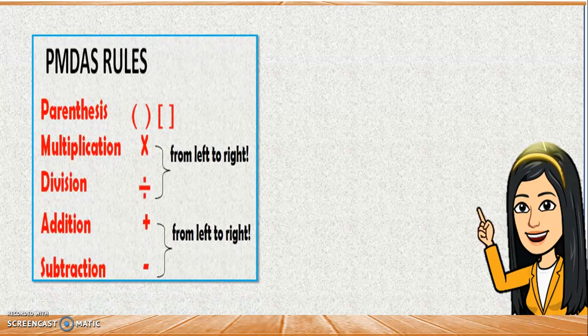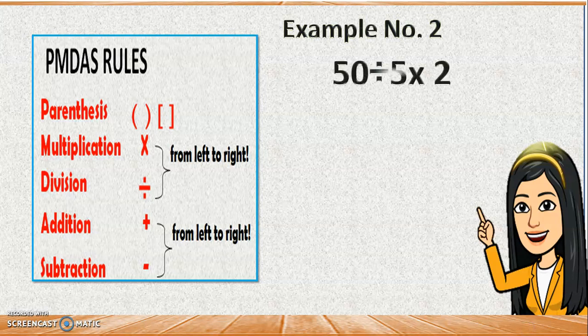Then I'm going to give you another example. Example number 2. The equation is 50 divided by 5 times 2. So in the PMDAS rule, which is on the left side, the division or the multiplication? In this equation, the left side is the division. Tama.